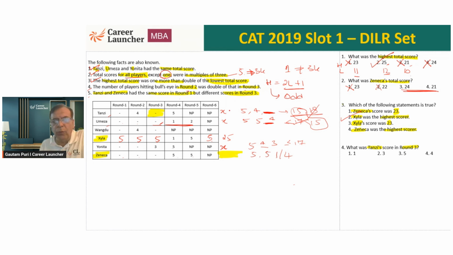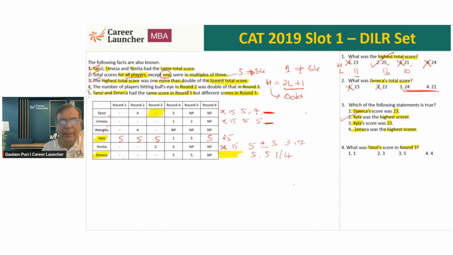That means x is equal to 15. I'm just erasing these things which are not required so that it's easier for you to understand. So x is equal to 15. Now, if x is equal to 15, what does that mean for Tanzi? 5, 4, 9. Tanzi has played in one round.